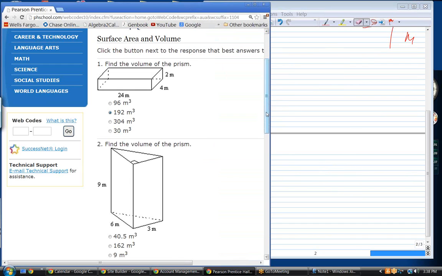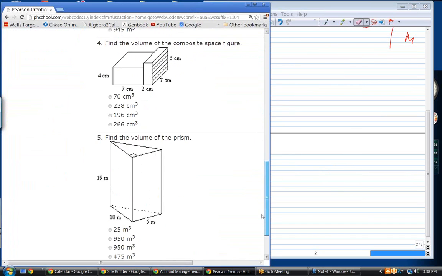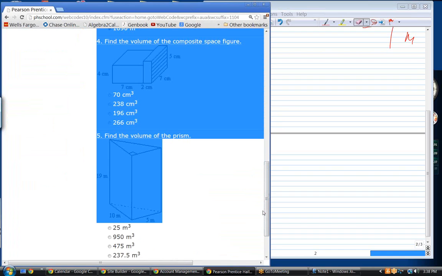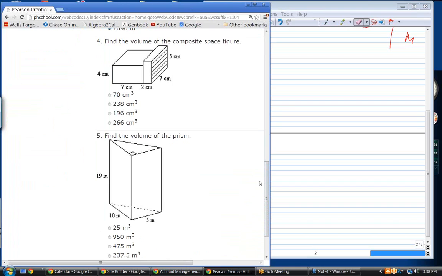All right, so let's get to number 4. On this one we just break it up. And notice that when you're talking volume, it doesn't matter if things are joined together. It's going to be the volume of this rectangular brick plus the volume of this rectangular brick.